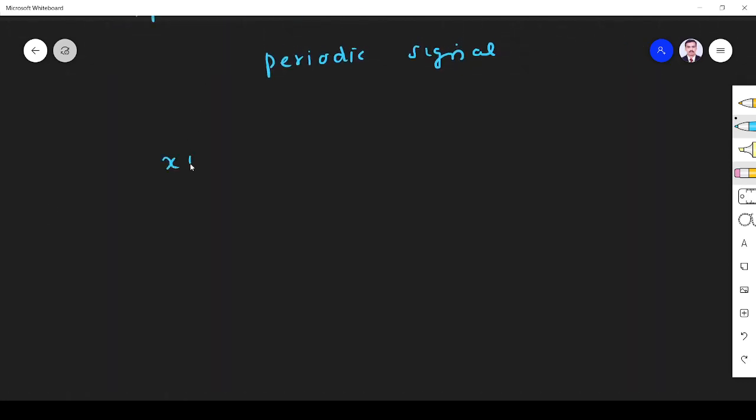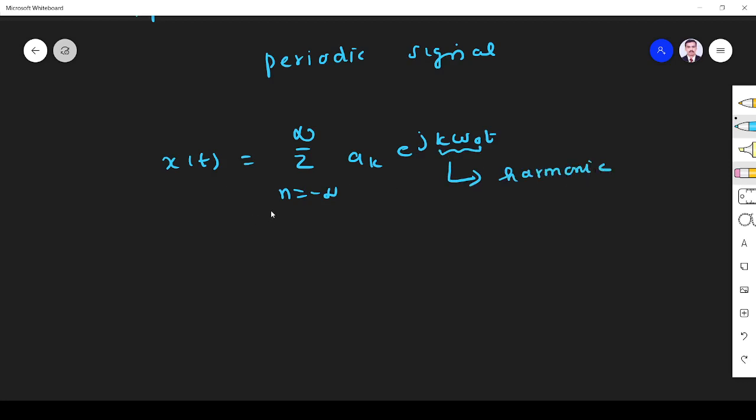What Fourier is telling is that x of t, a periodic signal, is given by the sum from k equals minus infinity to plus infinity of a k e power j k omega naught t, right? These are harmonics. Omega naught is the fundamental frequency.